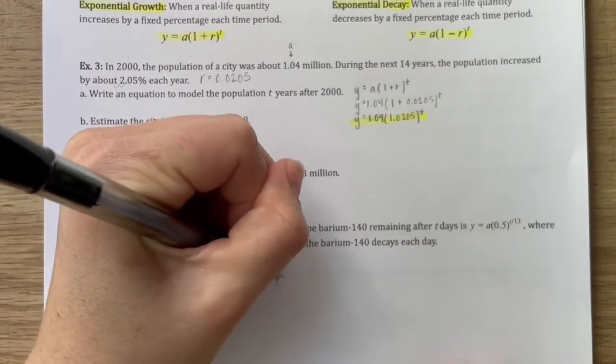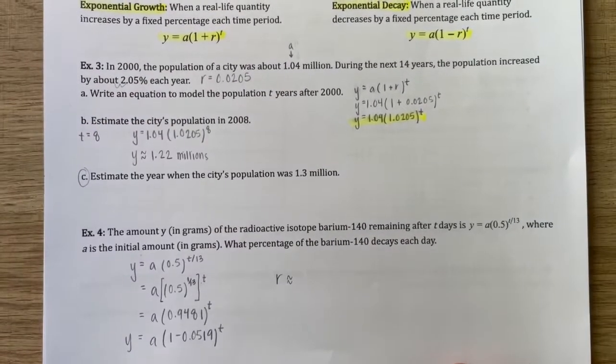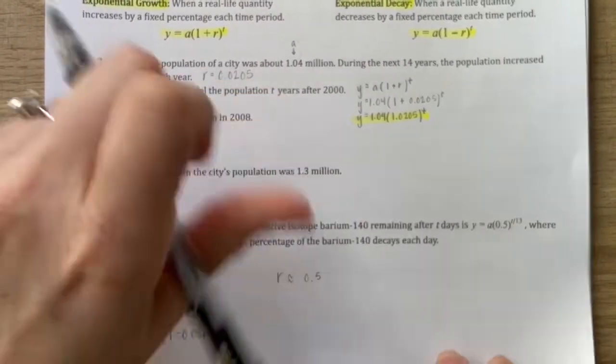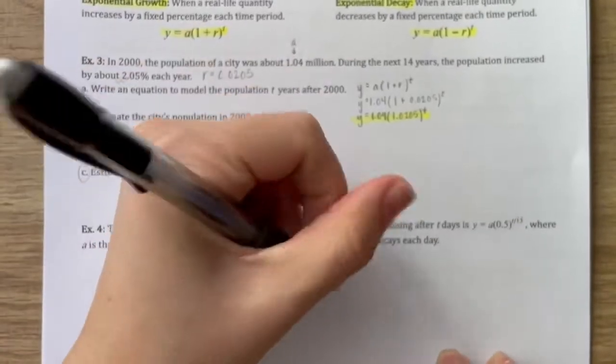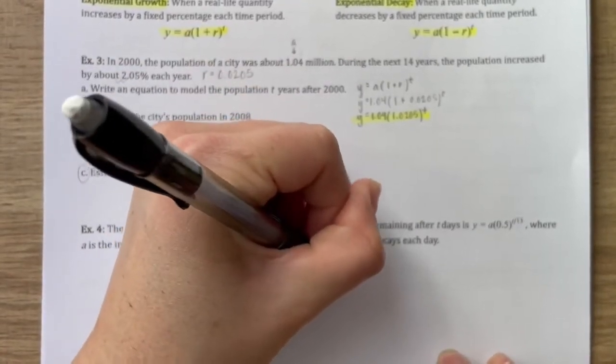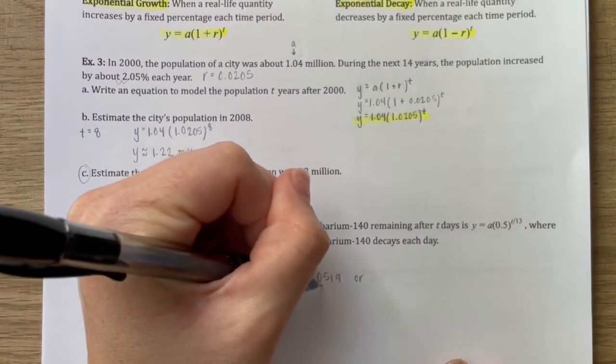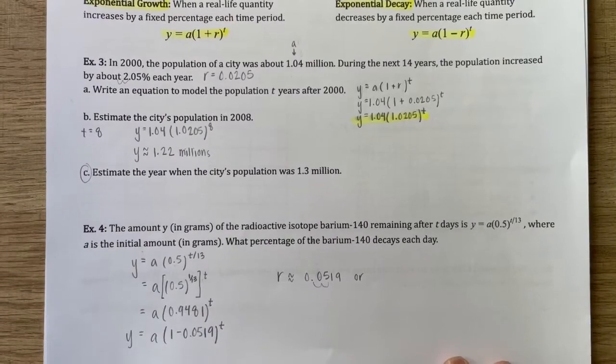So r is approximately 0.0519. If we put it back in percent form, we move the decimal twice to the right, so it's about 5.19%.